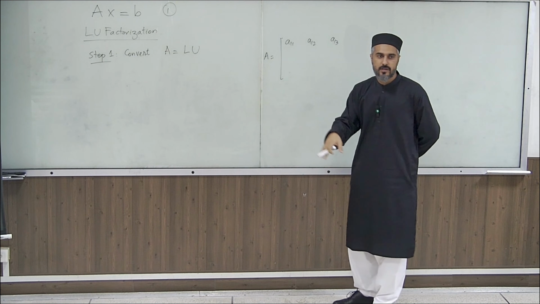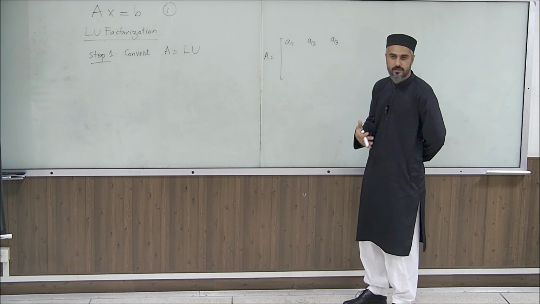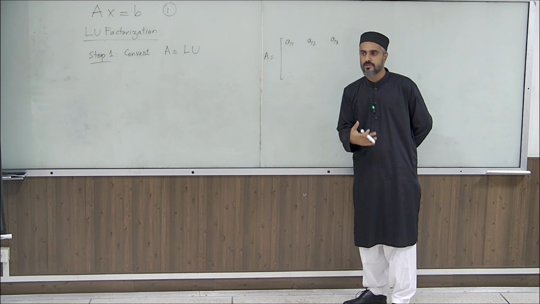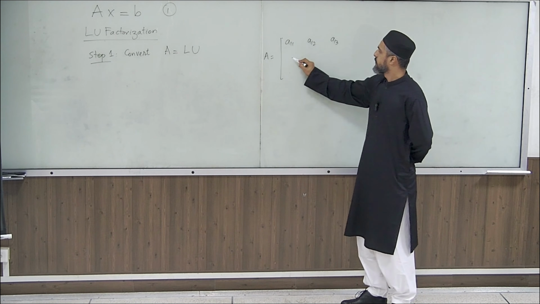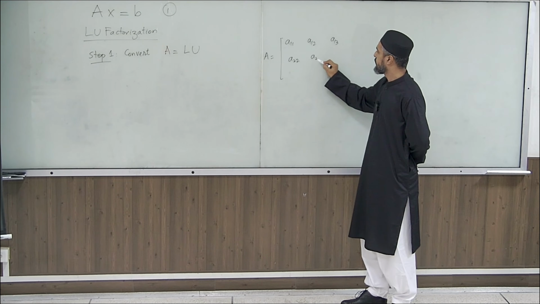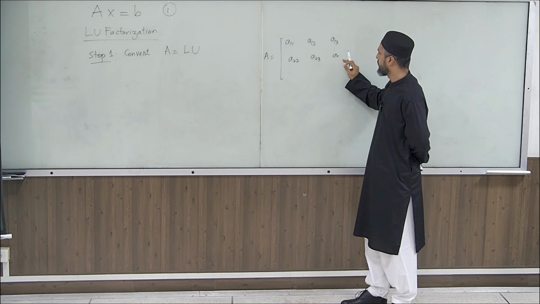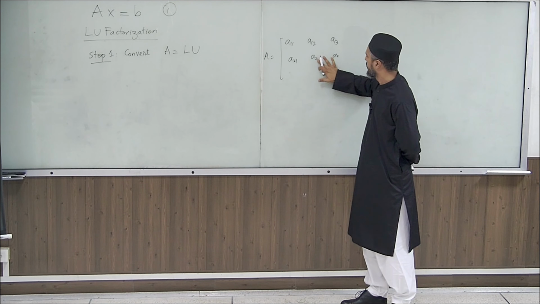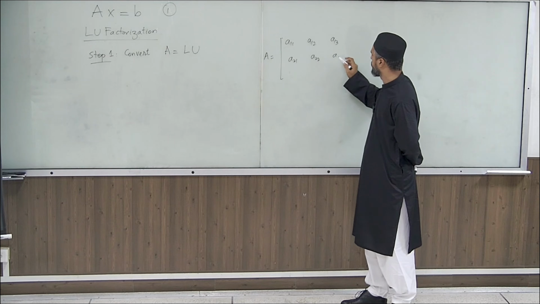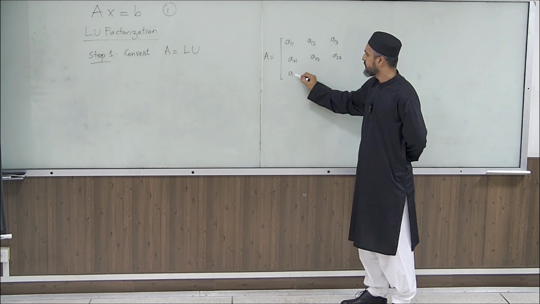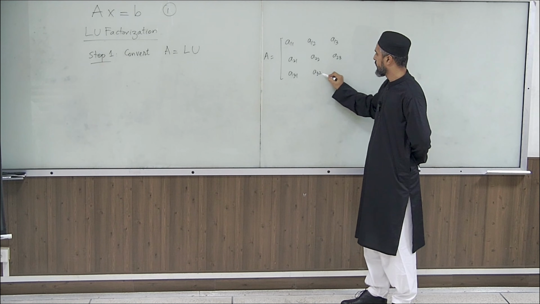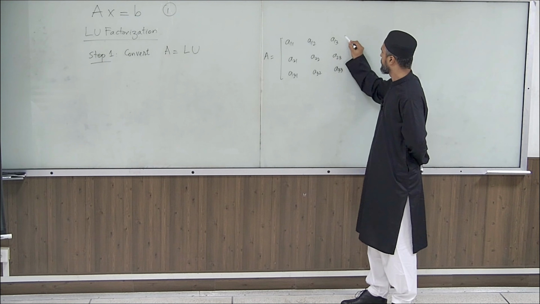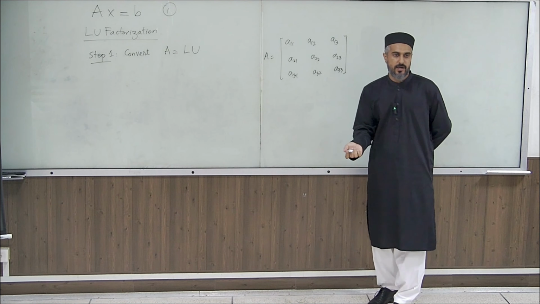I'm just considering, for the sake of discussion, a matrix of 3 cross 3 size. Then A21, A22, A23, and then A31, A32, and A33. We got a matrix A.